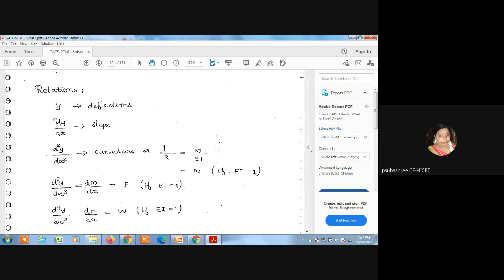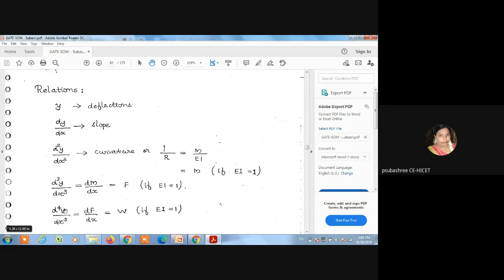Relations: y means deflection. This is very important, please note it. y means deflection and dy/dx means slope. Then differentiating again, d²y/dx² is called curvature, 1/R = M/EI. d³y/dx³ is equal to force, or dM/dx; F is force.